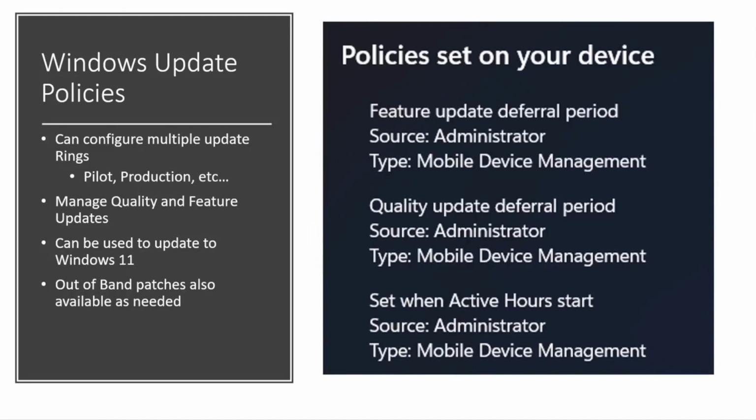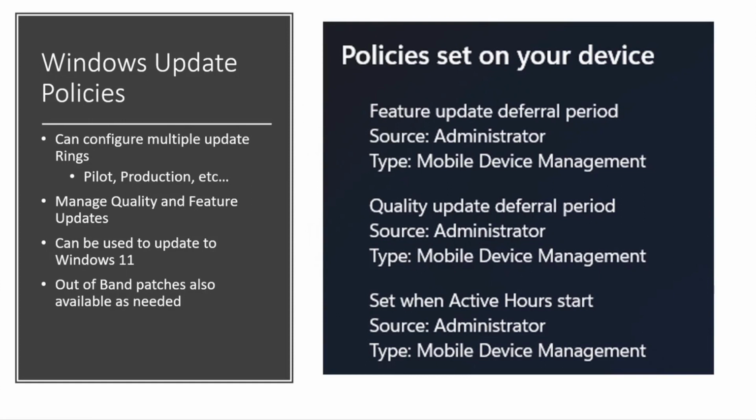And this is one of the big benefits of co-management, especially as many organizations have a remote workforce, and people don't always come into the office, and when they're at home they may not connect to VPN, so their machines aren't getting updated. This allows those machines to get updated remotely, directly from Microsoft, based upon the settings that you configure.